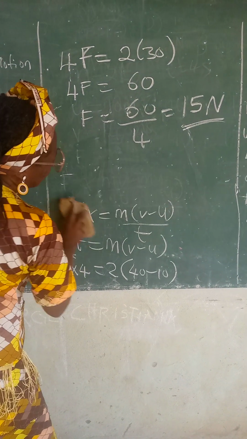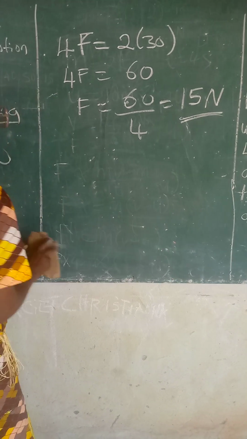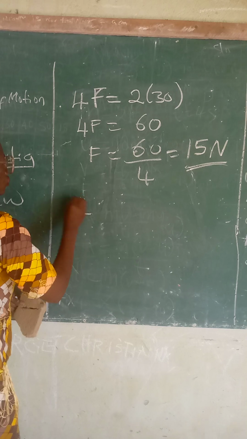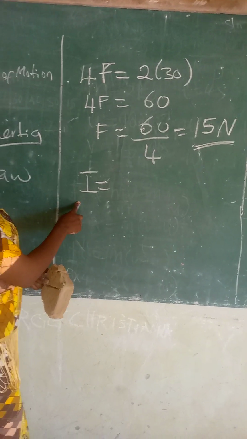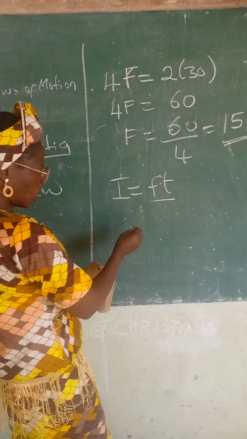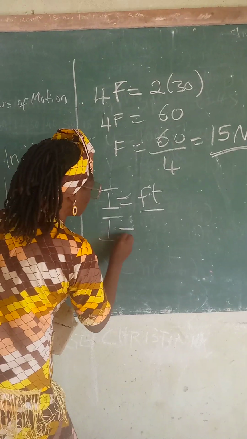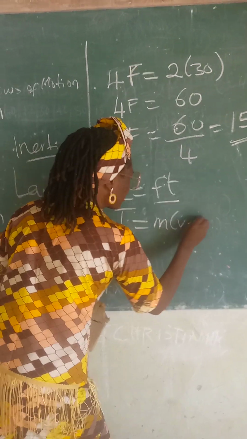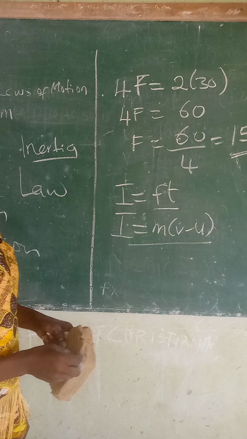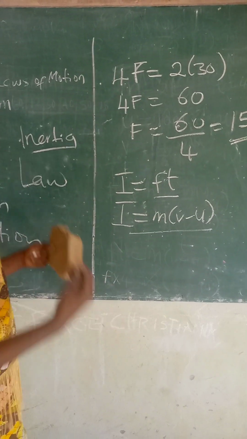So now let's find the impulse of this problem. If you want to find the impulse, impulse is denoted with letter I. I is equal to Ft. If you use this formula, you are correct. If you use I is equal to what? m(v minus u), you are also correct. Either way, we'll get the same answer.